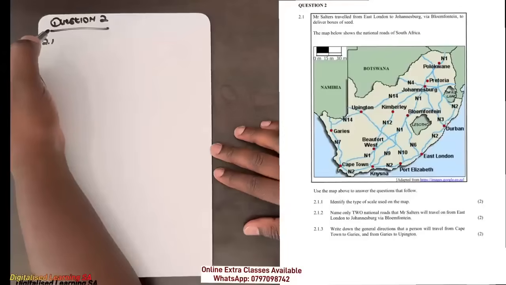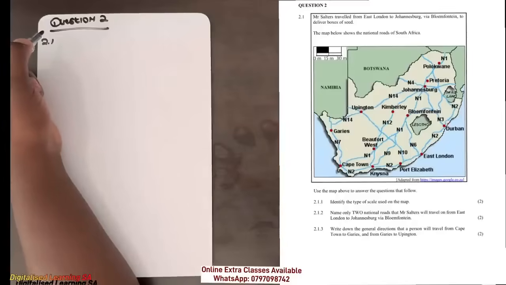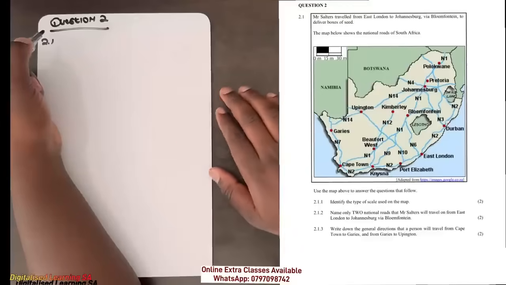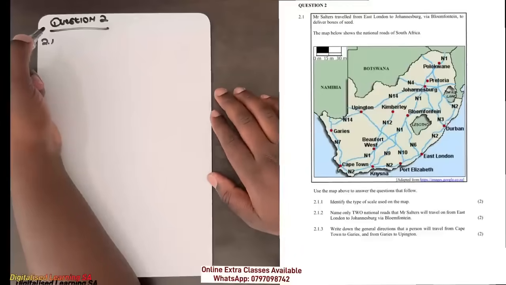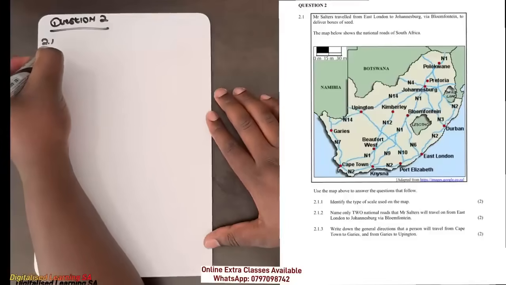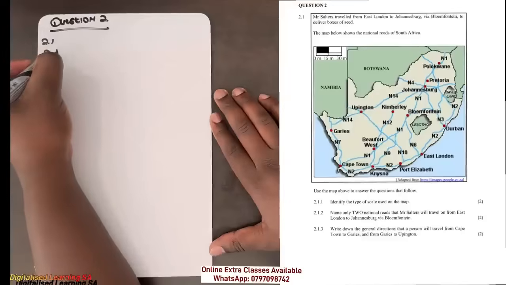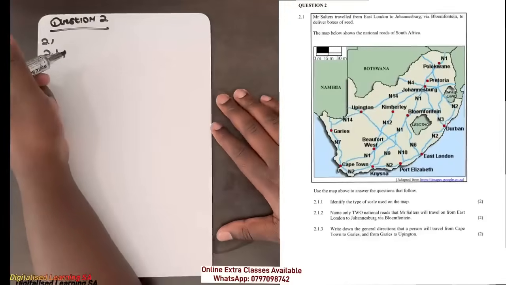The map below shows the national roads of South Africa, and we are told to use the map above, so it is the map on your right hand side, to answer the questions that follow. So now let's get down to our questions. The first question will be question 2.1.1, which says, identify the type of scale used on the map.